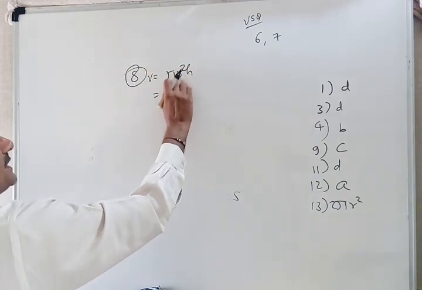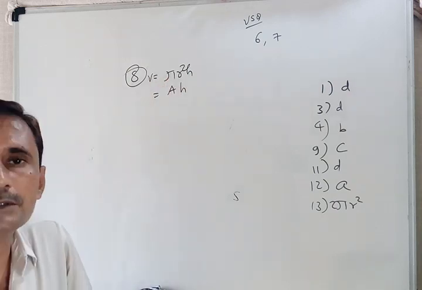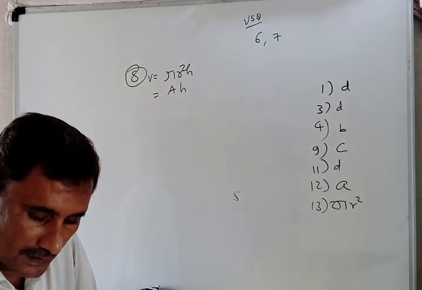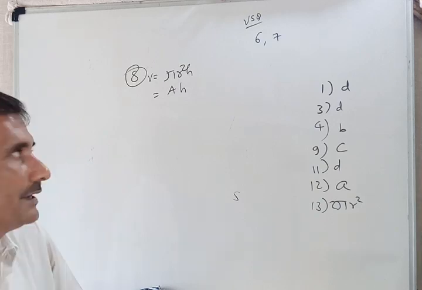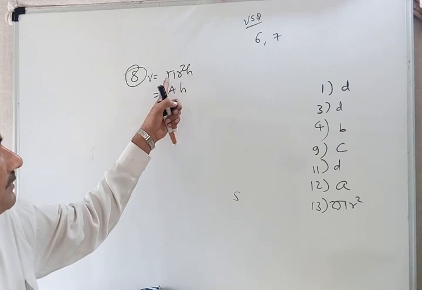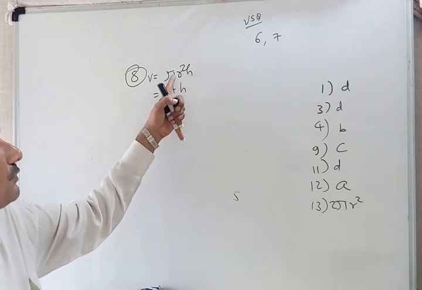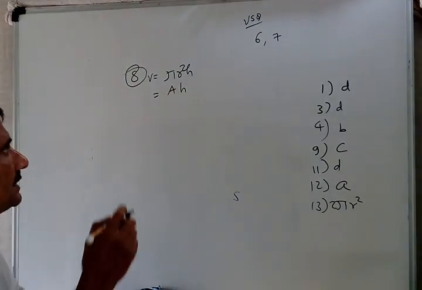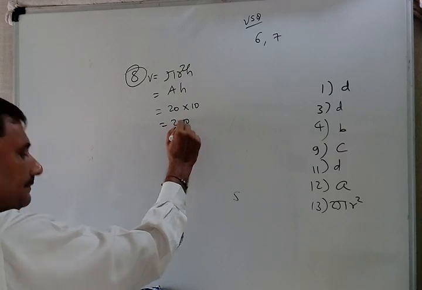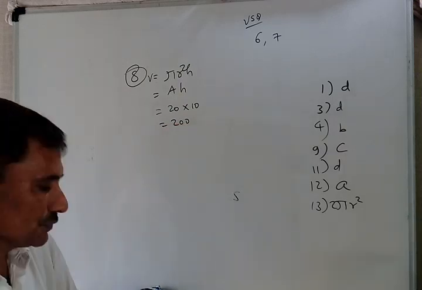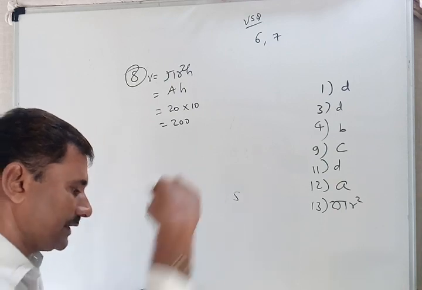But pi r square is nothing but the area of the base, so the formula becomes A into h. We already discussed that in the very first lecture of this lesson. In a table I wrote that formula. If you don't remember, just derive it: pi r square h, and pi r square is the area of the base. So now it is 20 into 10, 200. So 200 is the answer, 200 meter cube.